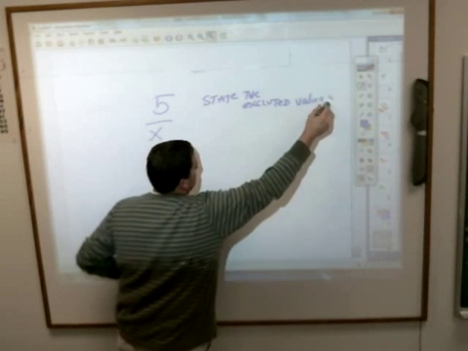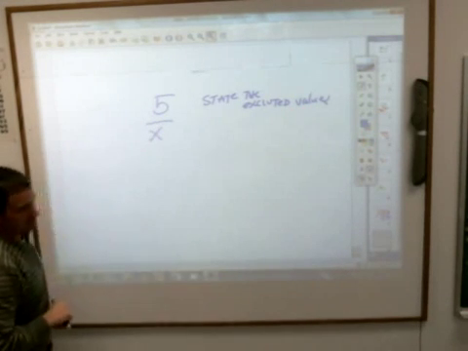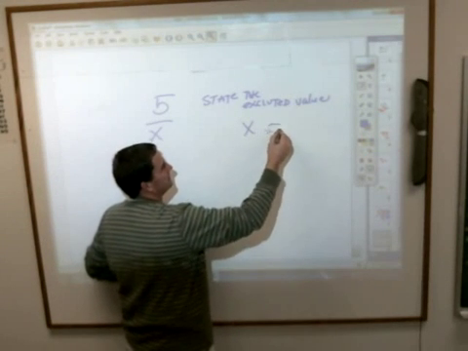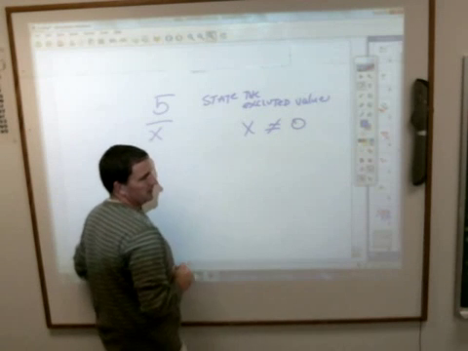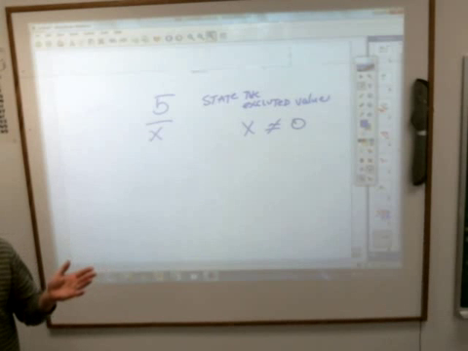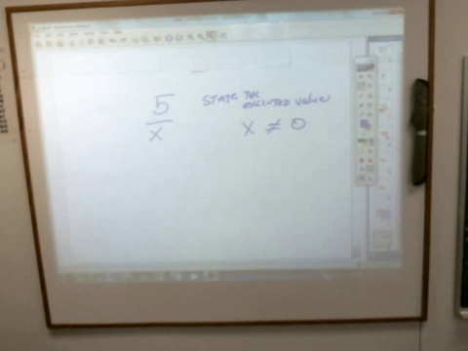In other words, if you see a problem like this, 5 divided by x, you have to say that x cannot equal 0. Because if you put a 0 in for x, you come up with an undefined problem. Okay, you cannot get a 0 on the bottom of a fraction like that.